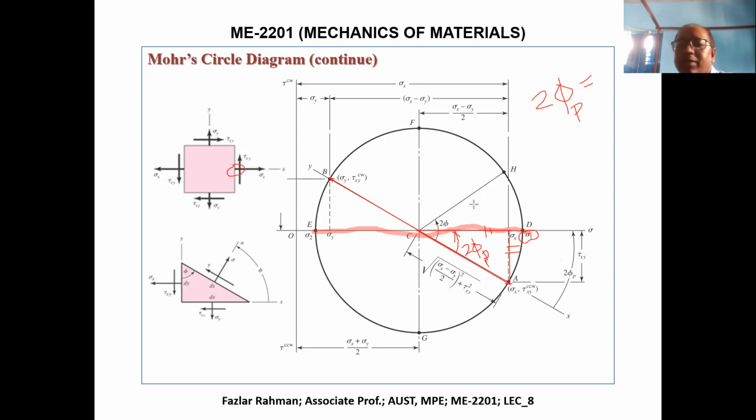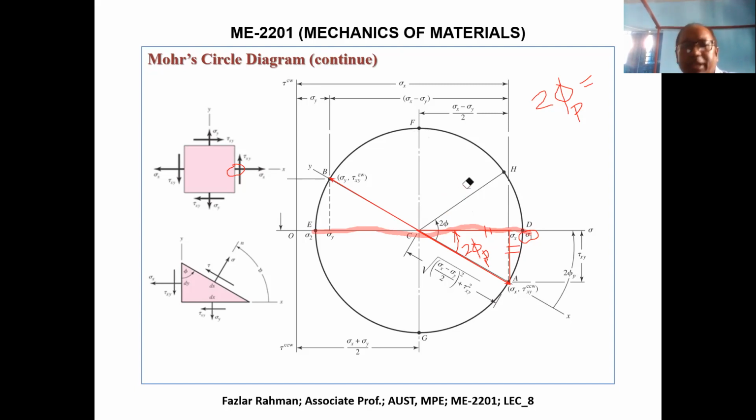Now, how will you get the shear stress from point A? You see, from point A, you can go all the way upward to point F. Then this much angle will be 2 phi s. But why you go that much? If you go downward, easily you are getting the tau plane, a shear plane.